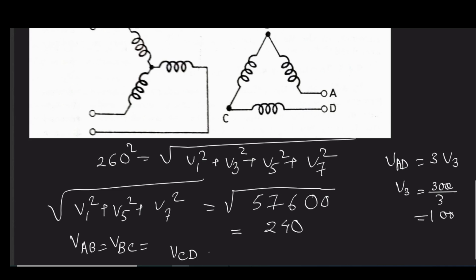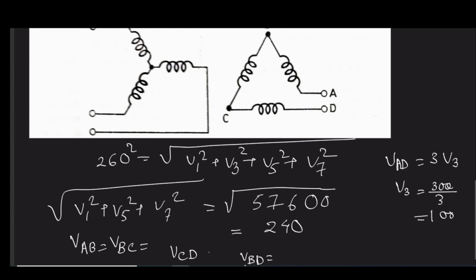However, if we try to measure VBD, there will be a slight change. VBD will be how much? See, AD you are getting the V3, means V3 is present here, and this is your AB.